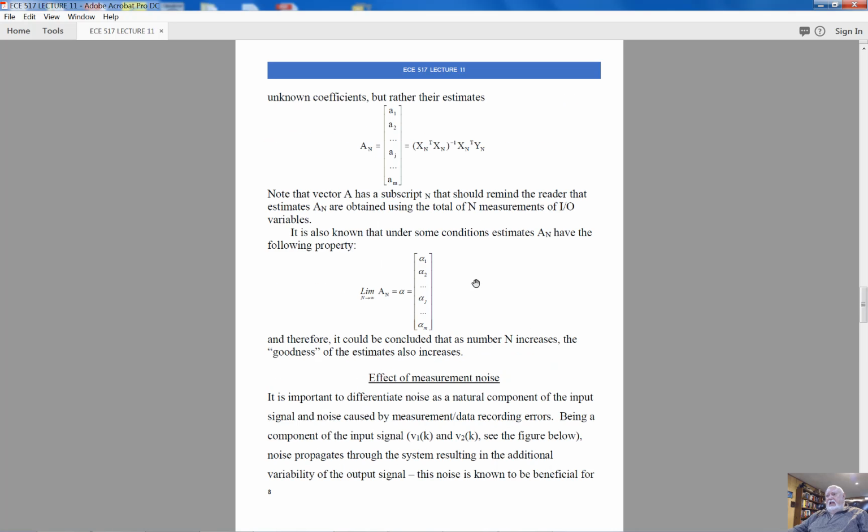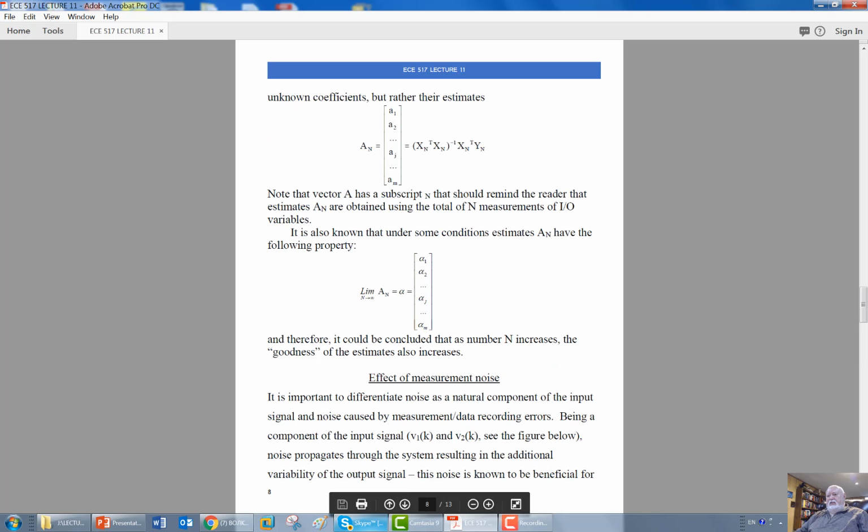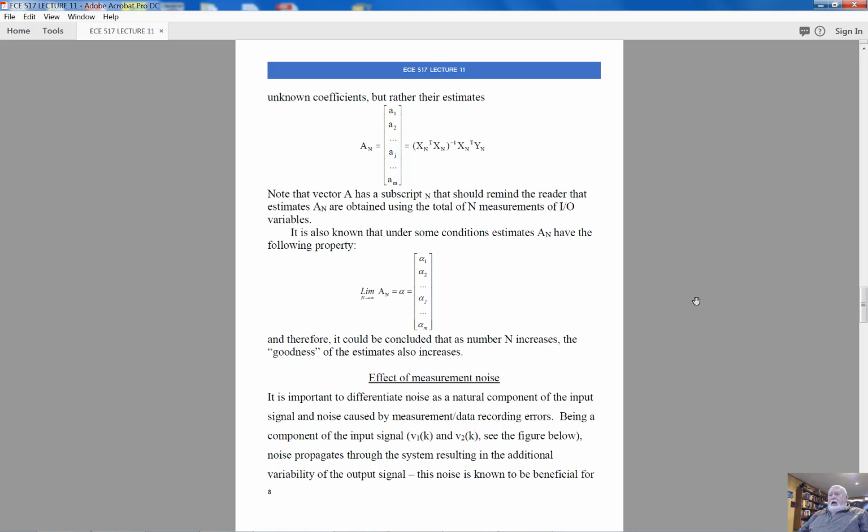Next, I would like to talk to you about the effect of measurement noise. We are engineers. We understand that in real life, whatever measurements we perform, we're facing measurement noise.